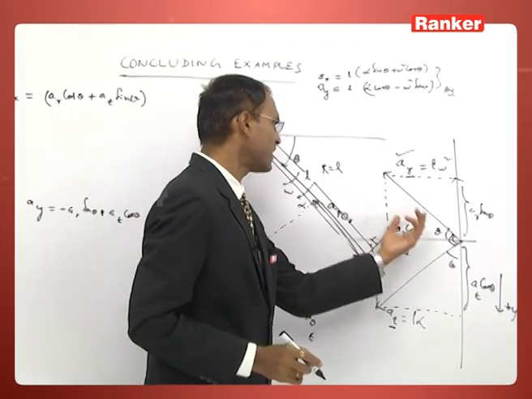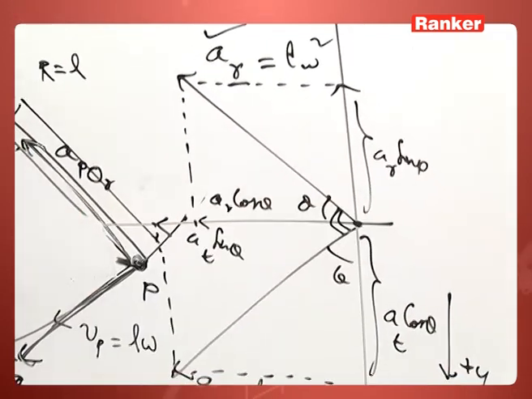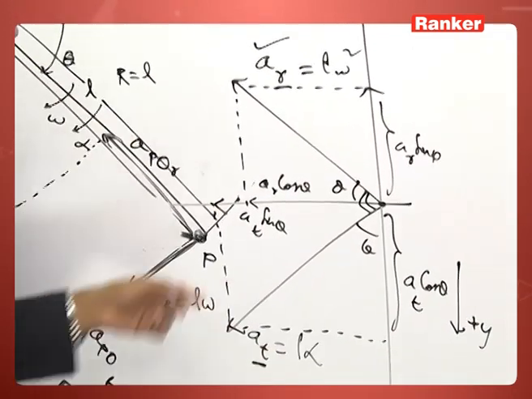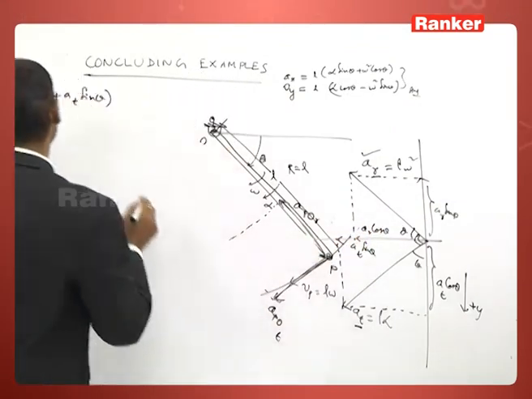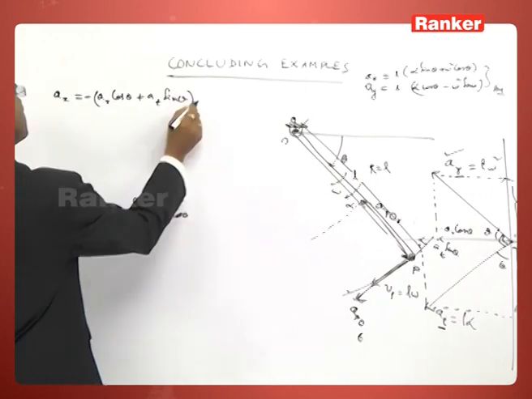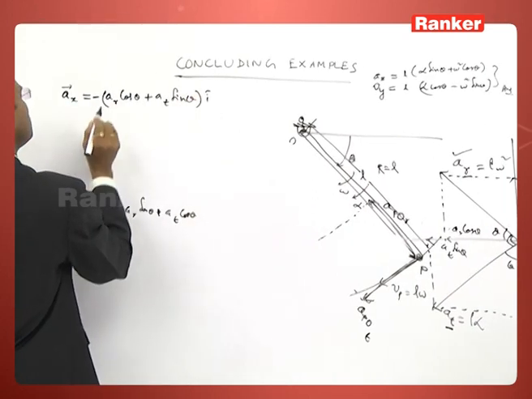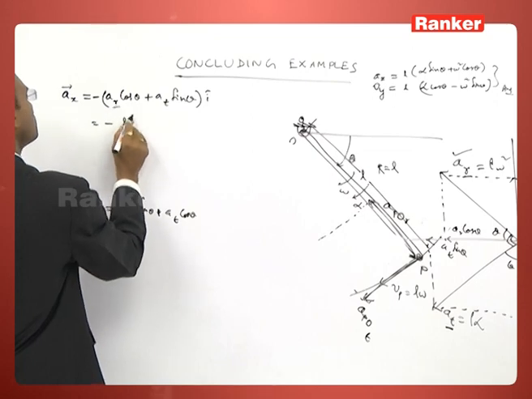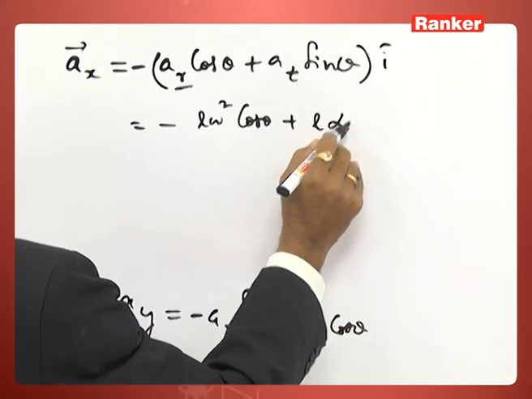Since both the components of accelerations AR and AT are directed along x direction, the projections along negative x direction, so we can just write minus i cap. Or you can write AR is equal to L omega square and AT is equal to L alpha.